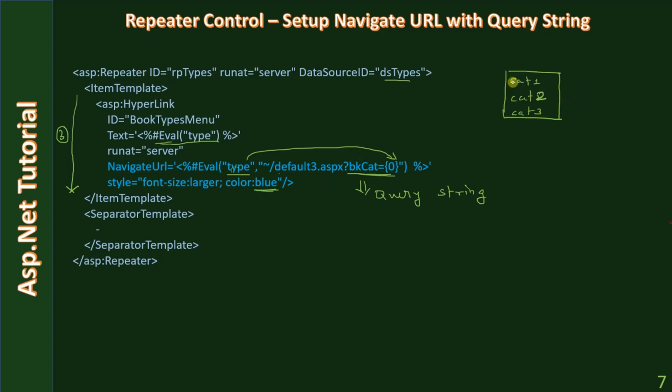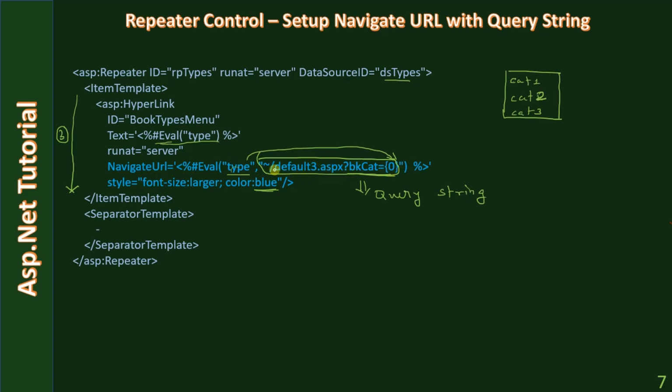So that means for the first link here, bkcat equal to cat1 will be substituted for the navigate URL, right? This is the content for the navigate URL, and we are forming that using the type expression here. Here we use the single parameter, but this time we are using the substitution, and that will get assigned to the navigate URL.